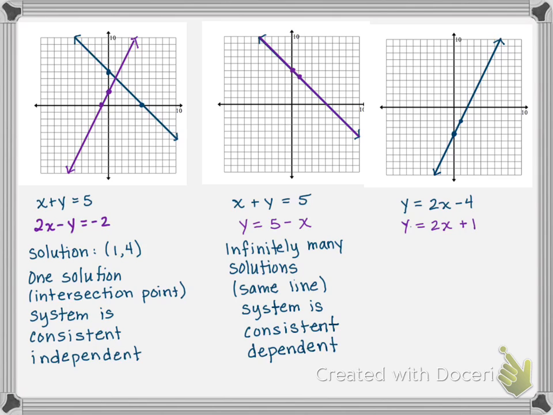And then my second equation has a y-intercept at (0, 1), so like right there. And then it's also got a slope of 2. So I'm going to go up 2 and to the right 1 to get a second point. So here's my second line.